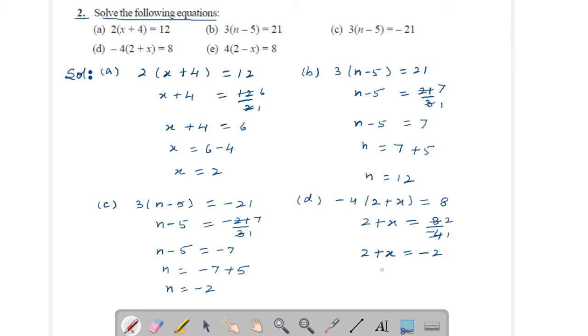The sign will be changed. This can be written as x is equal to minus 2 minus 2, it is minus 4. X is equal to minus 4 is your solution.